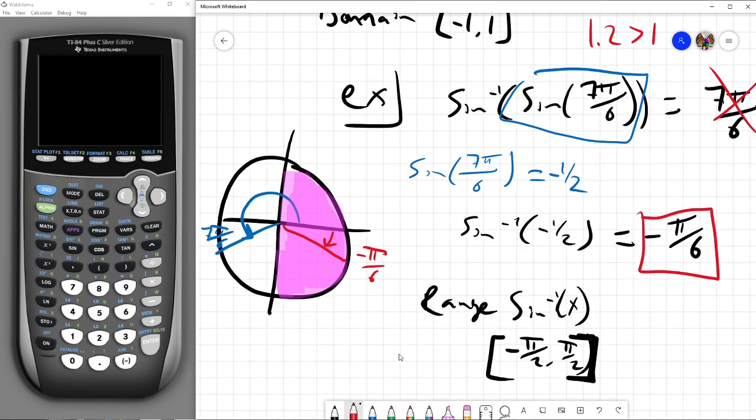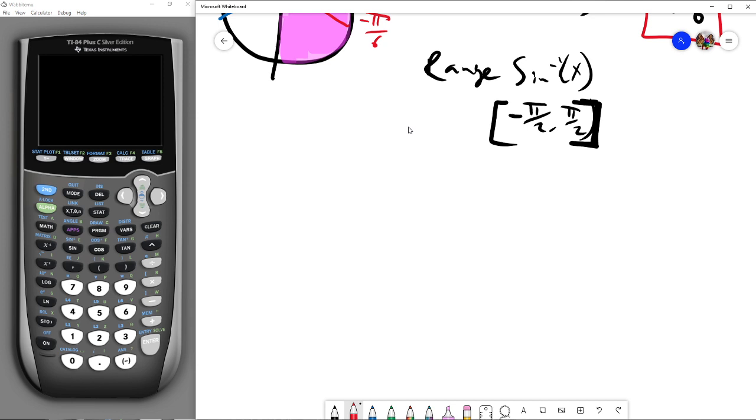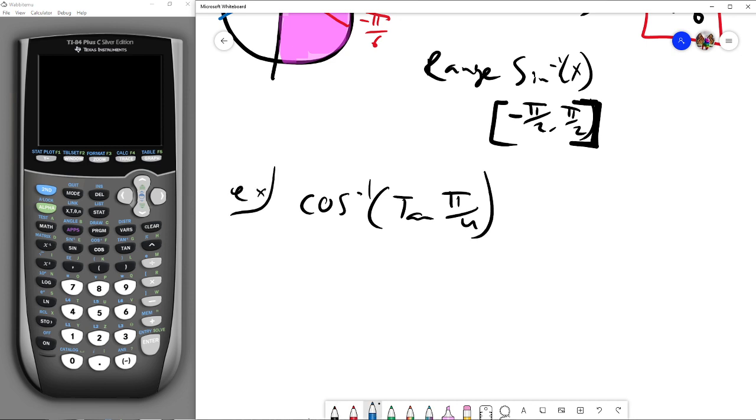Alright, now let's go ahead and do, I guess, one more fun example. How about arccosine of tangent of pi/4? So this is like before. We consider what is tangent of pi/4.